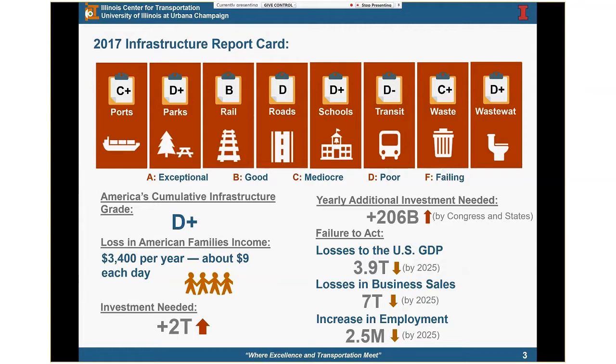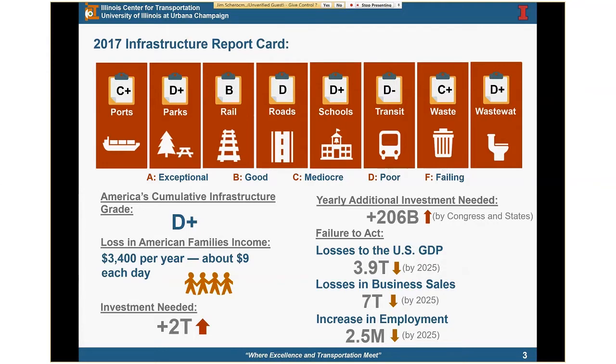Actually, the roads are even a little worse here, which got a grade of D. What does that mean for us? This means here that there is a loss of each family income around $3,400 per year. The investment needed in order to get everything back to normal is around $2 trillion, with an annual investment that is needed around $200 billion.